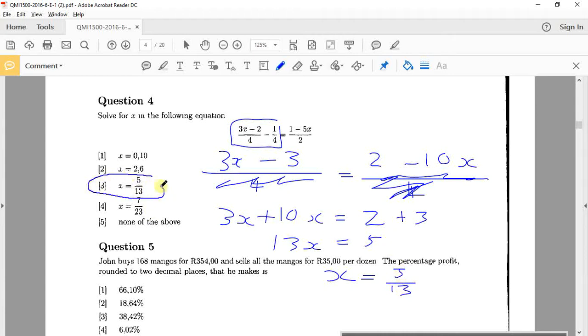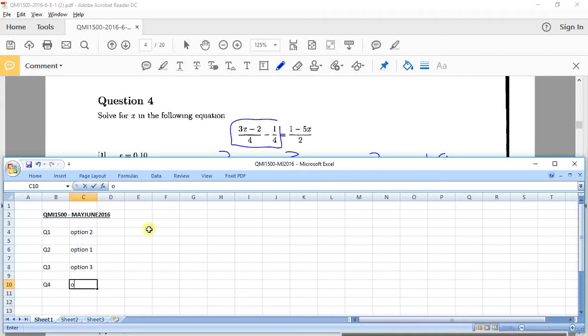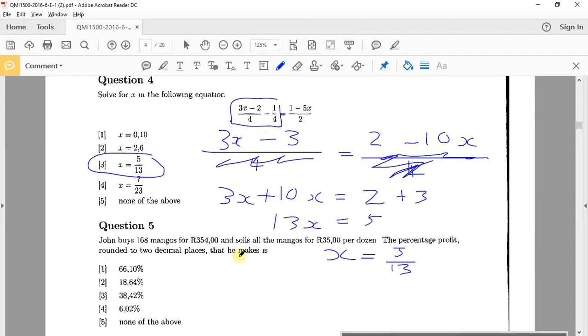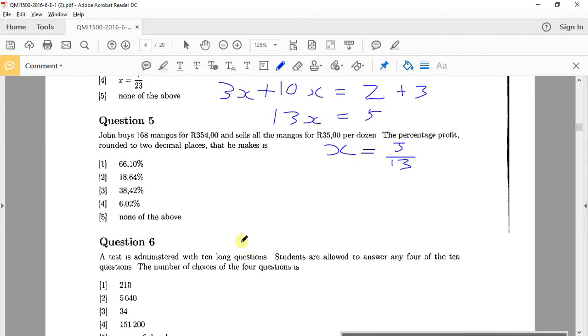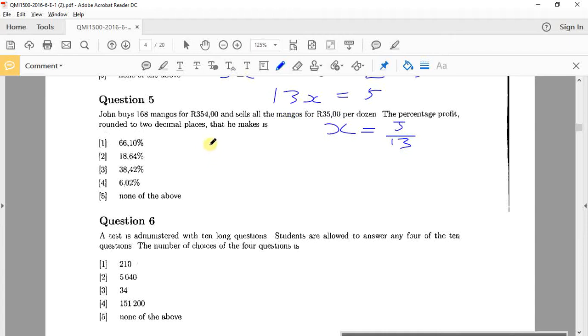Option 3. Question 5. John buys 160 mangoes for that price and sells the mangoes for that per dozen. The percentage profit rounded to the decimal place that he makes is, so how many dozens do we have there? That's his cost.